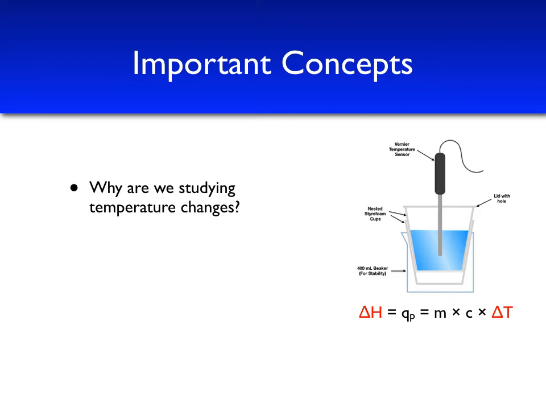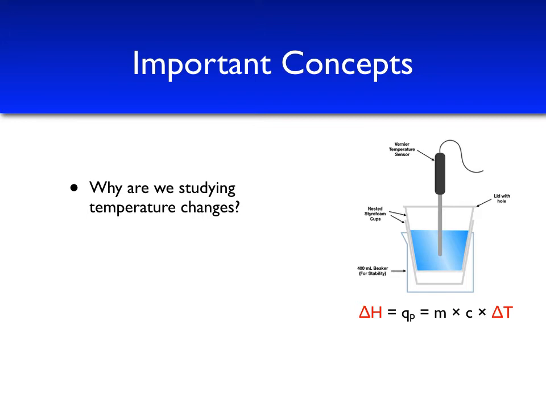We note that delta H is directly proportional to delta T in our equation. Therefore, we can make a direct comparison between the delta T that occurs for a system and the delta H for the system.